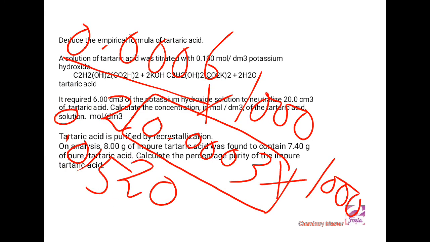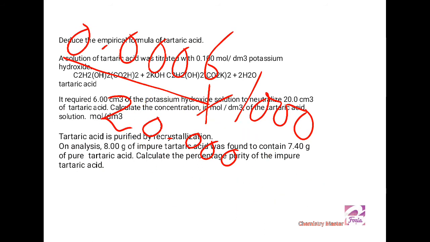The last task is on analysis. 8.0 gram of impure tartaric acid was found to contain 7.40, meaning when we crystallize the impure tartaric acid sample, we found only 7.40 gram of pure tartaric acid.